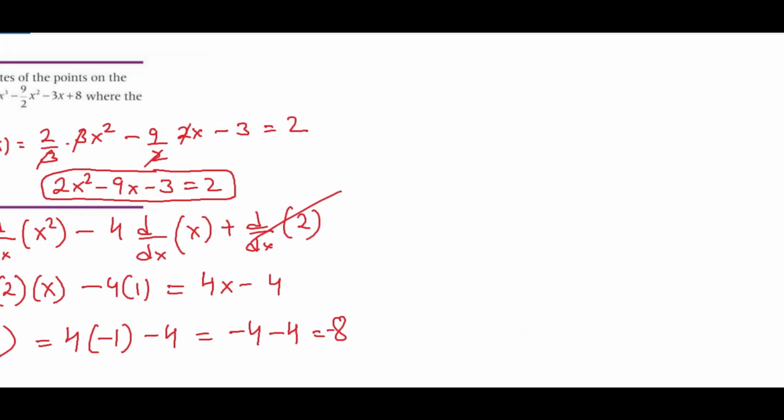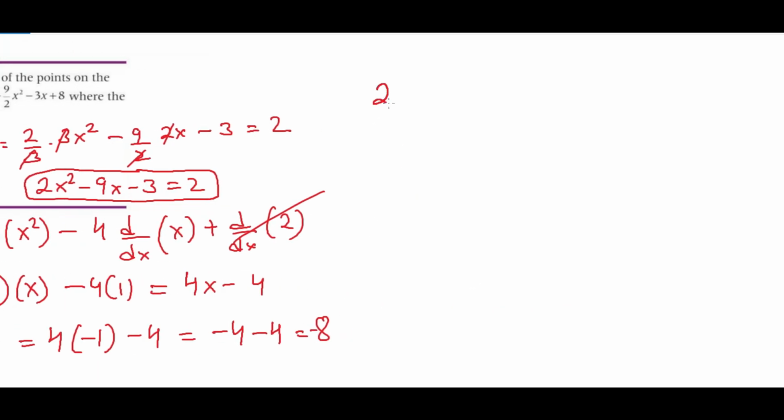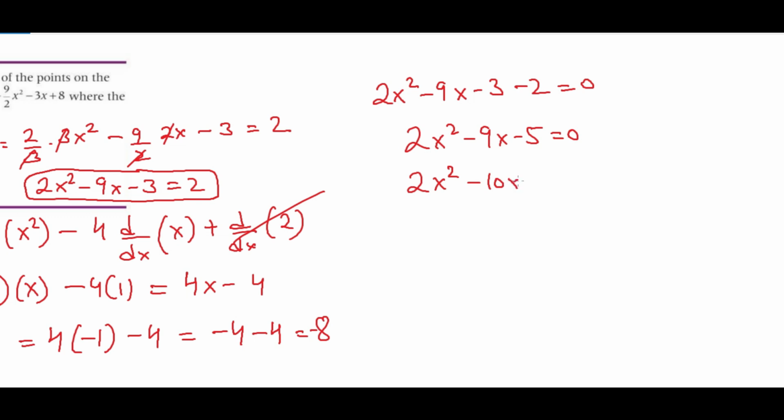How to solve that? It's kind of easy because it is a quadratic equation, but bring everything to one side. So when you bring it to this side, you get 2x square negative 9x negative 5 equals 0, and you know we can solve it with 10 and 1. So negative 10x positive x negative 5 equals 0. 2x can be taken common, x minus 5, plus 1 is taken common, x minus 5.